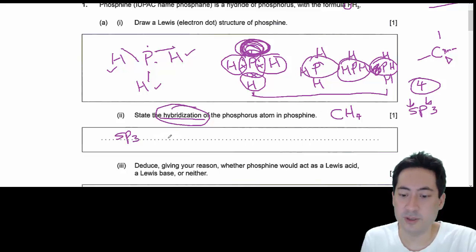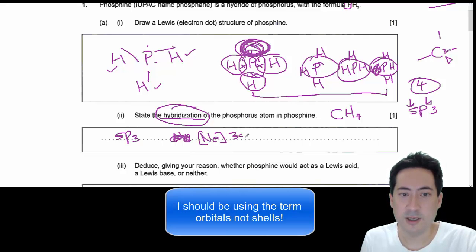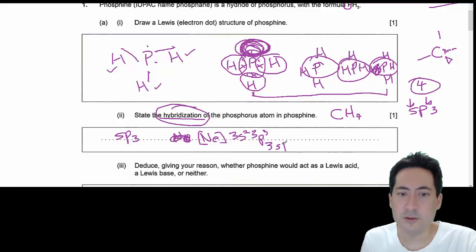Just to take that a little bit further, if you do the electron shells and draw it out, this is how it changed. It's originally 3s2 3p3, and it's gone from 2 electrons. Just draw them like this. Sorry, it's not nice, but I've already drawn it, so I'm leaving it as these funny arrows.